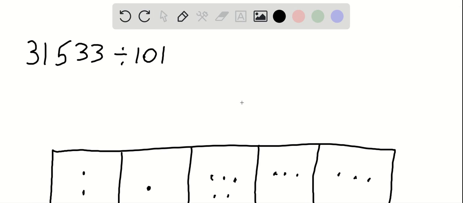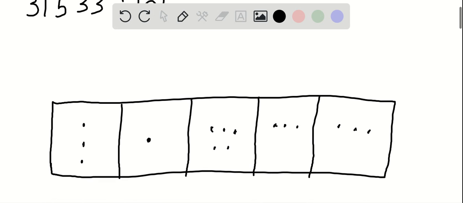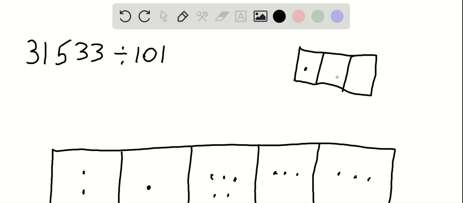And we're dividing by 101, meaning we're going to find groups of 101. So how many groups of 101 do we see in 31,533? What does 101 look like? We need three boxes: one dot in our hundreds, no dots in our tens, and one dot in our ones.